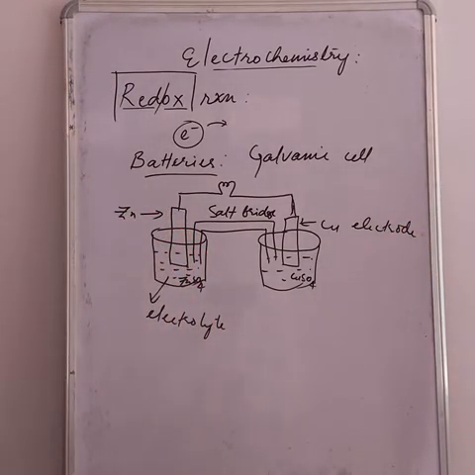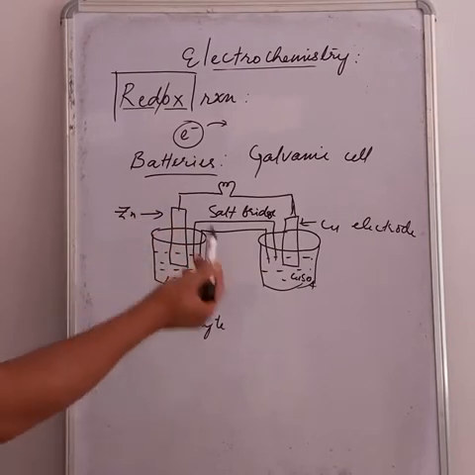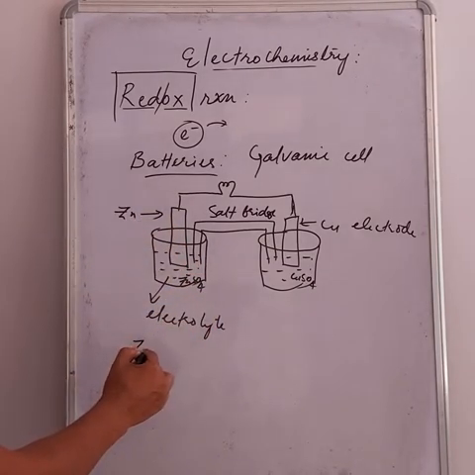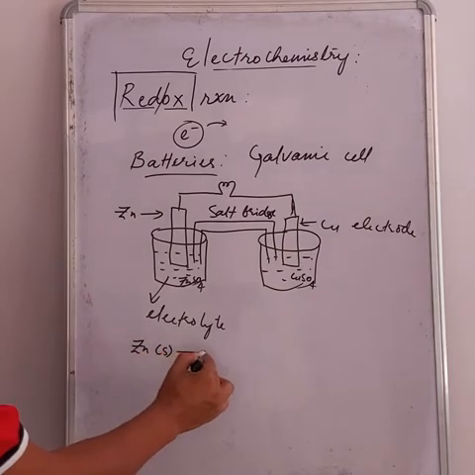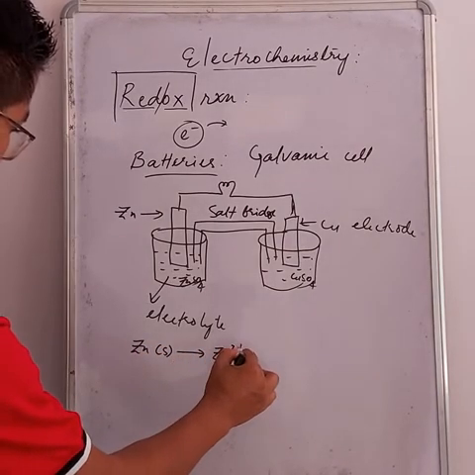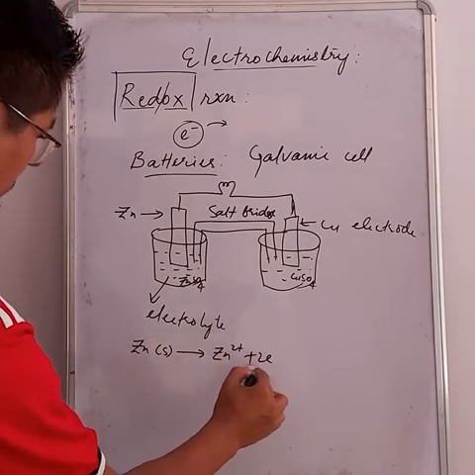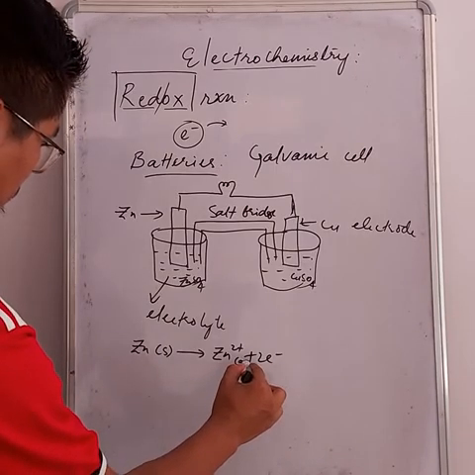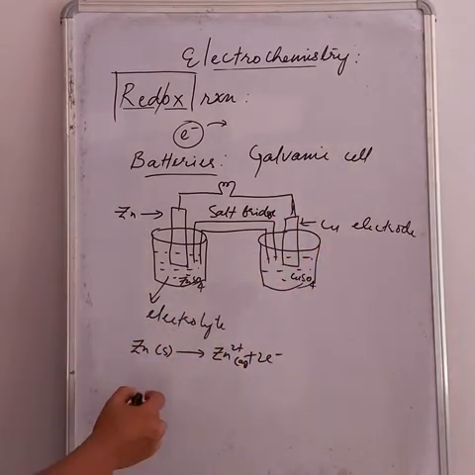Now, the zinc electrode is where the oxidation is taking place. Zinc solid. And the copper electrode is where the reduction is taking place.